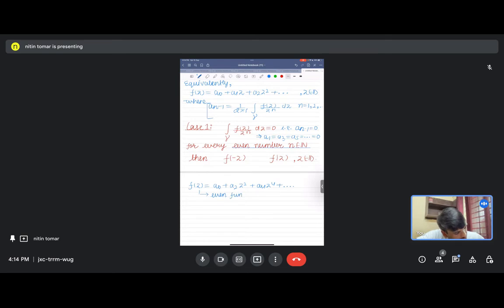Even function means if you replace the argument z by minus z, the answer will be the same. That is, f of minus z is the same as f of z, because you have only even powers, z square, z^4. Is this clear?